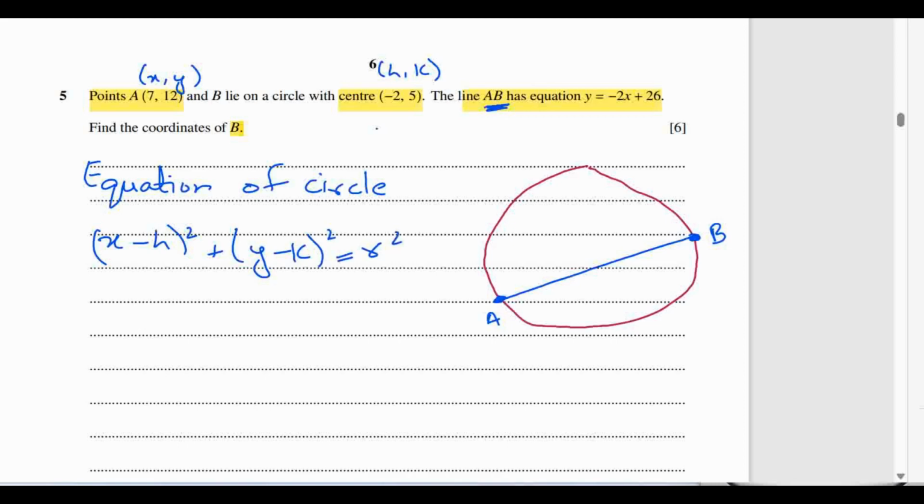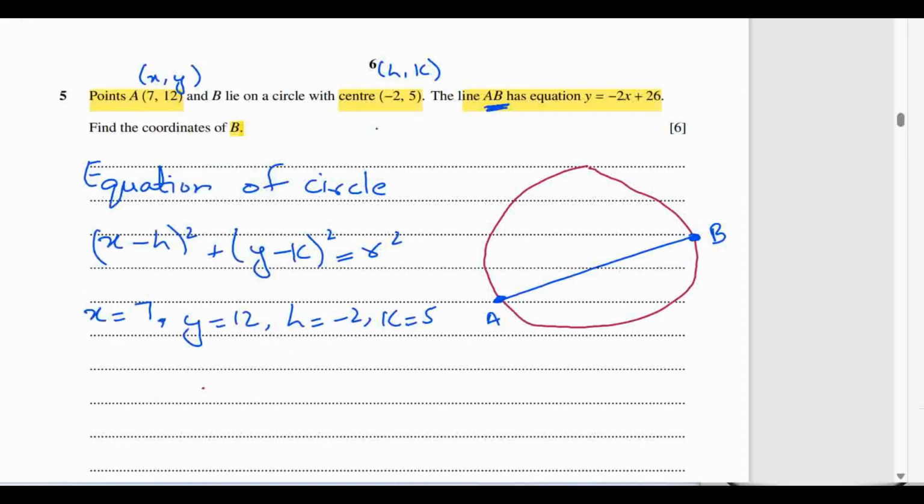Now simply put the values over here. We can see that x is equal to 7, y is equal to 12, h is equal to minus 2 and k is equal to 5.